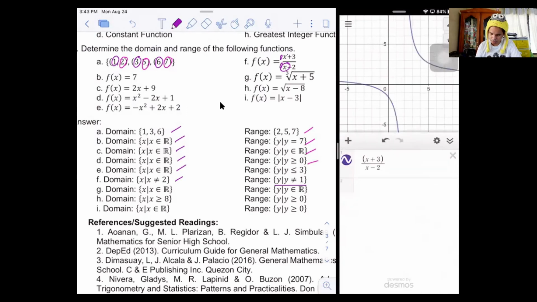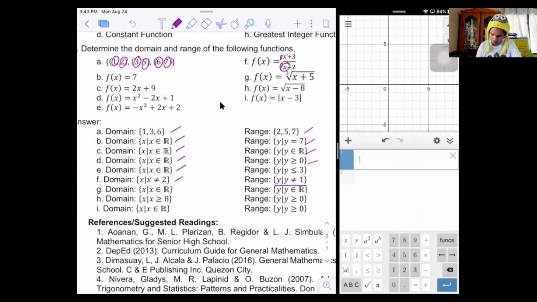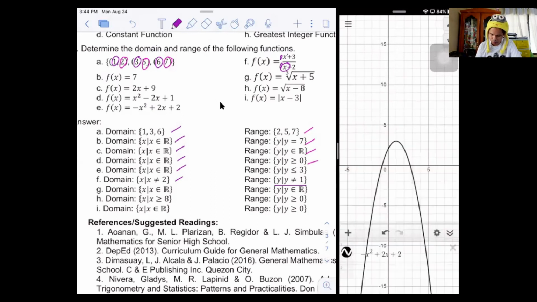Okay, next. Naa pud diri ka quadratic, nalimtan nato ni siya. This quadratic, it opens downward. So negative x squared plus 2x plus 2. So mao na siya yung dagway.